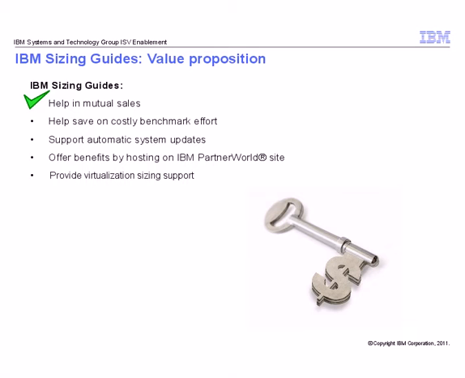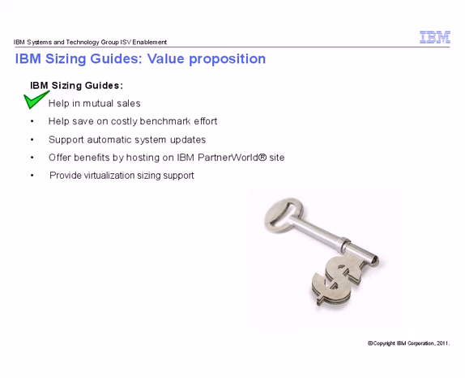Web-based IBM Sizing Guides are available for sizing ISV applications on the latest IBM hardware with consistent and reliable recommendations. IBM provides the tools and environment to create, host, and run the sizing guide.